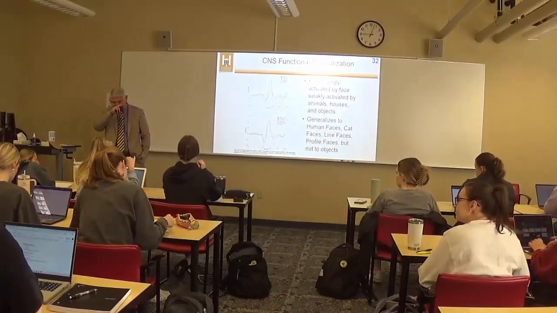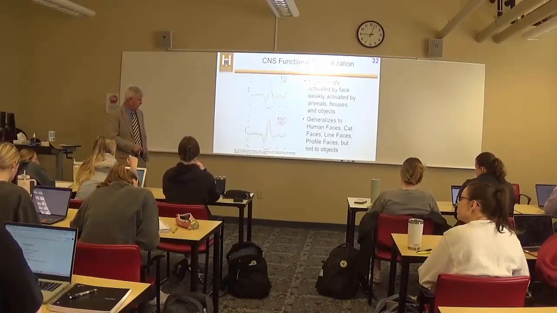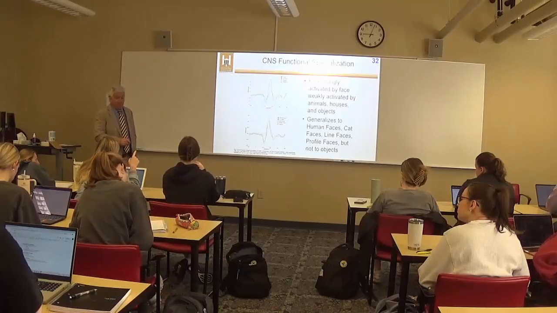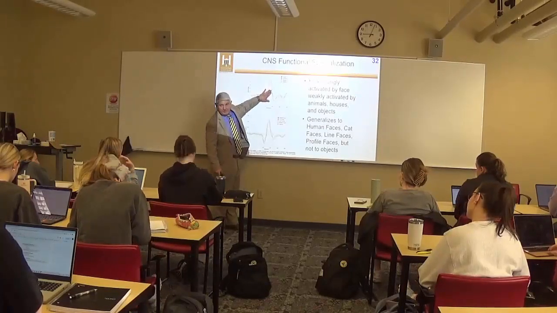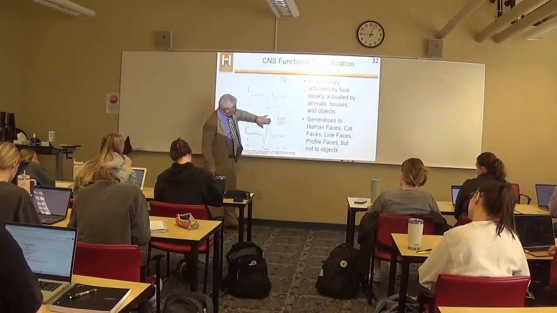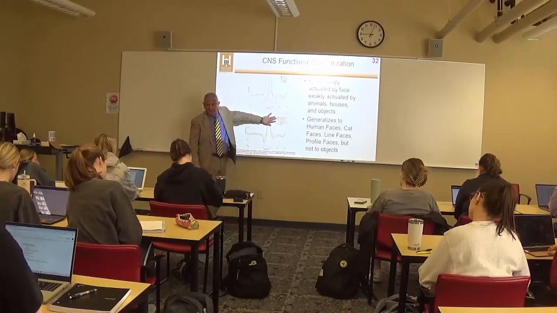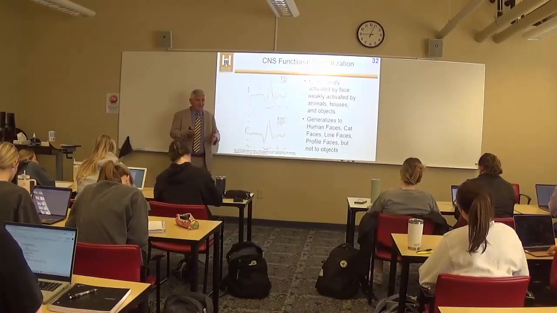Yes? The fusiform area. So this is faces and non-faces, right? This is types of faces, even if it's an animal face, right? Now, if it's your cat's face, you're going to recognize, oh, that's Tabby, my cat.